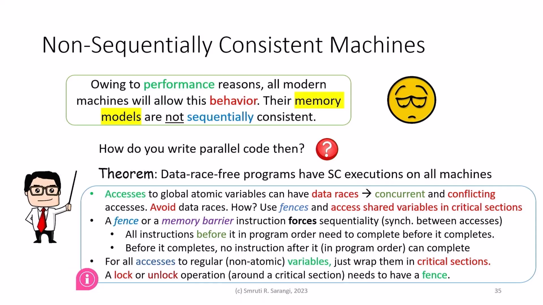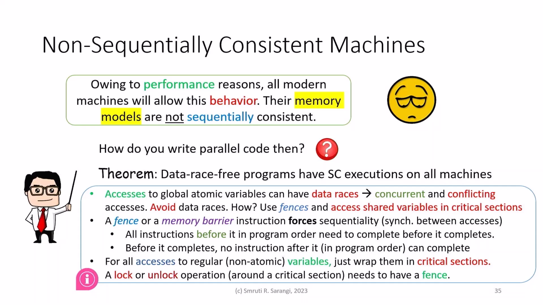But before we do that, we would like to understand what is this game of sequential consistency and non-sequential consistency. In general, you define a set of instructions known as atomic instructions or synchronizing instructions, same thing.